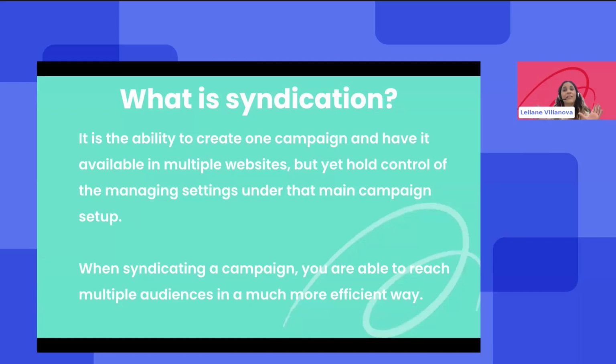So you are basically in control of that main campaign, but other accounts and other stations can still have it set up. When syndicating a campaign, you're able to reach multiple audiences in a much more efficient way. And I am just going to show you why.